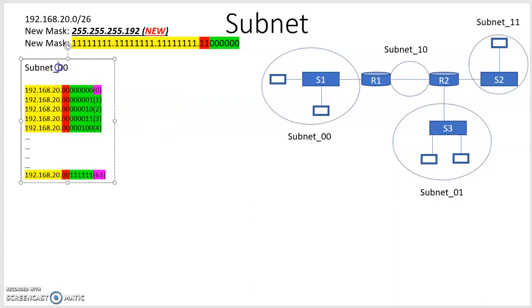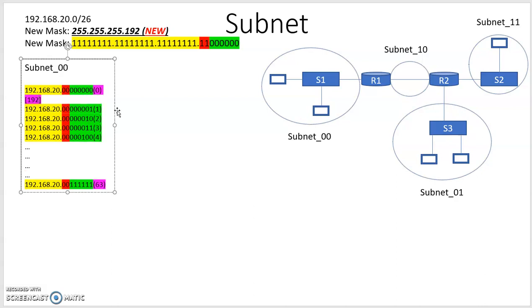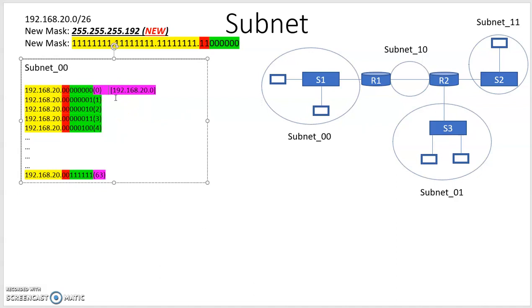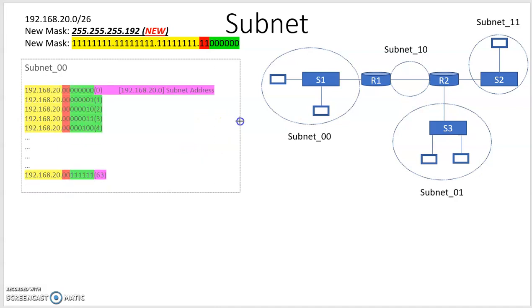So earlier, when we calculated the subnet of, let's say, subnet 00 in this case, by borrowing 2 bits from the host, we realized that the first one, 192.168.20.0, is the subnet address.